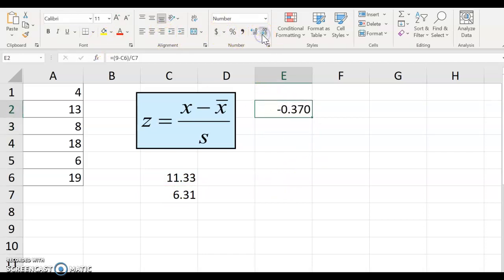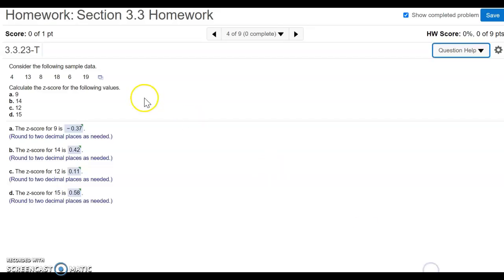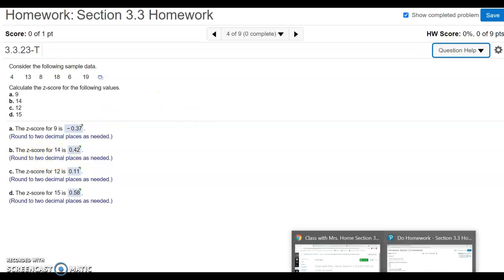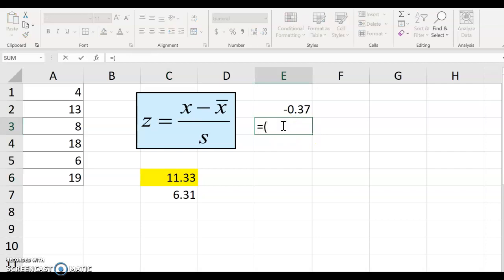And 9 should be a negative z-value because it is below our mean. Okay, let's look at the next one, 14. Okay, 14 is actually above our mean, so it should be positive.